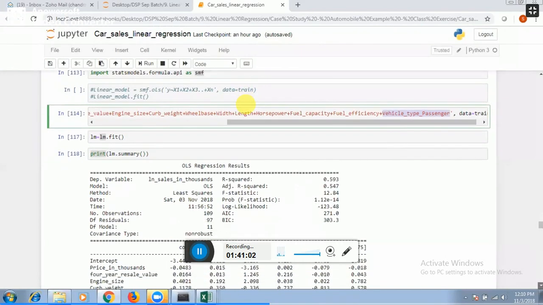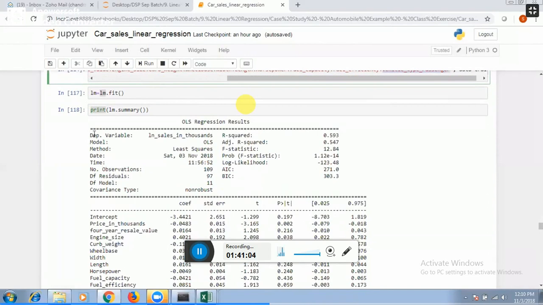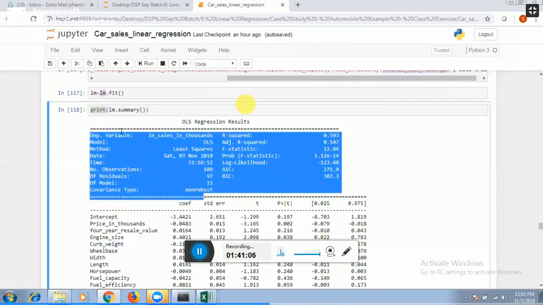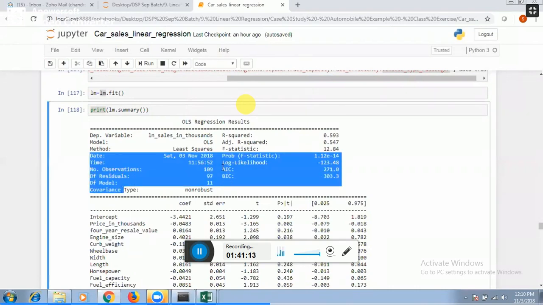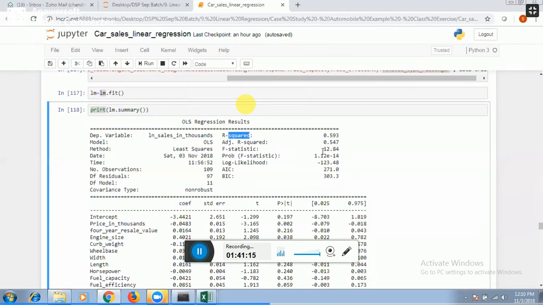If you look at the first table, you can see what your dependent variable is, what your model is, what your method is, and of course the remaining is related to date, time, etc. And now you can see R square, and of course I will tell you what adjusted R square means in a while. And you can see the F statistics. What is this F statistic? The ANOVA test which I was referring to. So in this case, this is the corresponding p-value for the F statistic.